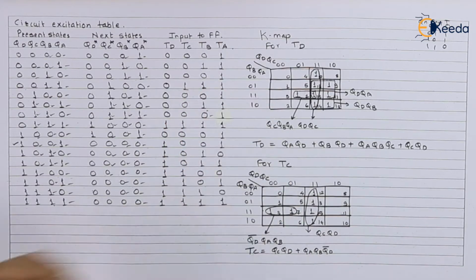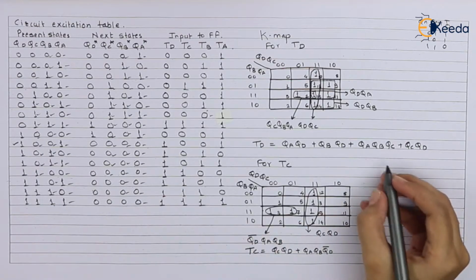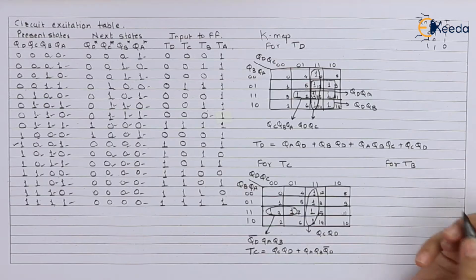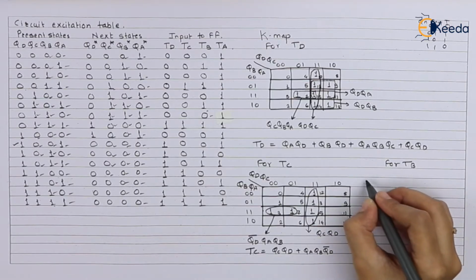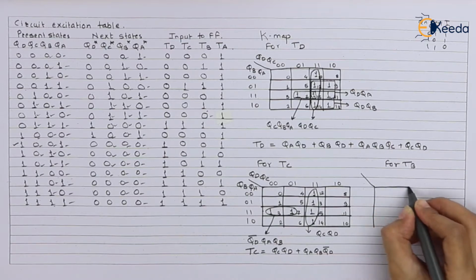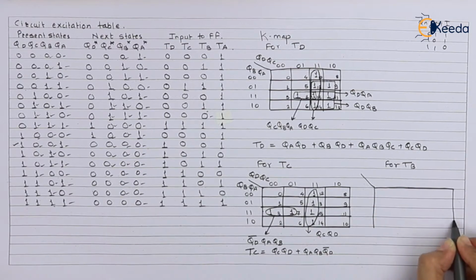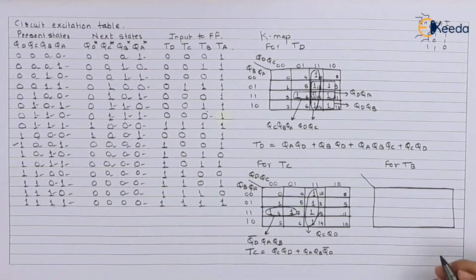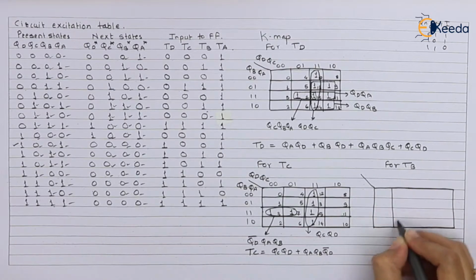Next we will move forward to what? TB. So K-map for TB. We will draw here the K-map. This is a 4 variable K-map.